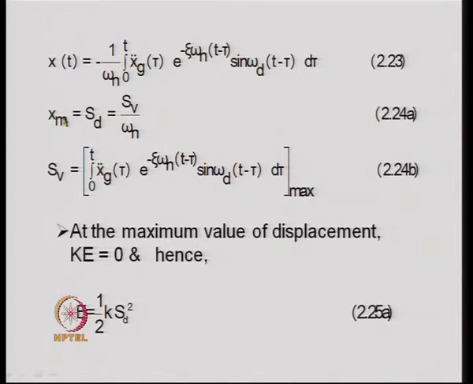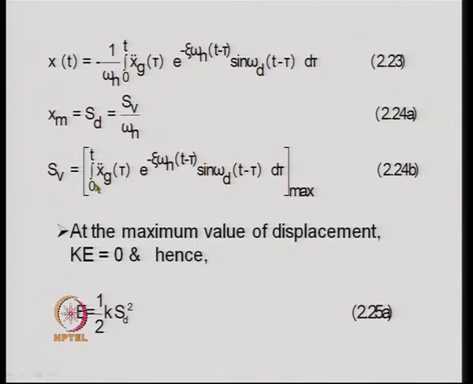The maximum value of the displacement, we can call it as SD, is written as SV, a parameter, divided by omega n. It results from this equation, where SV is nothing but this integration and the maximum value of that.